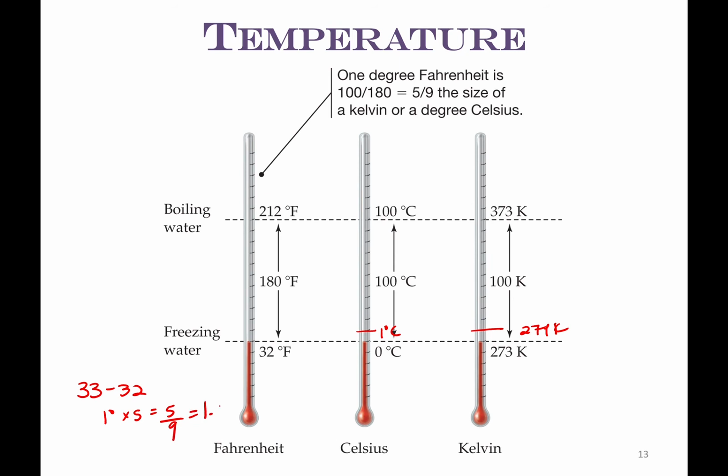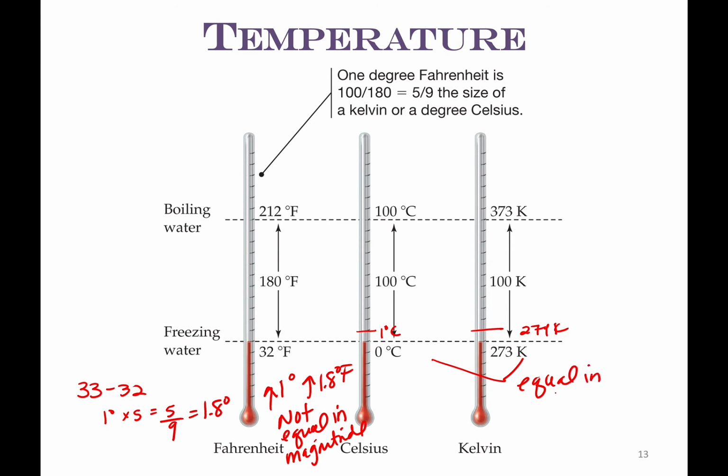So this would be 1.8 degrees. So every time I go up 1 degree Celsius, I'm actually going up about 1.8 degrees Fahrenheit. So they are not equal in magnitude, like these two are. These are equal in magnitude.